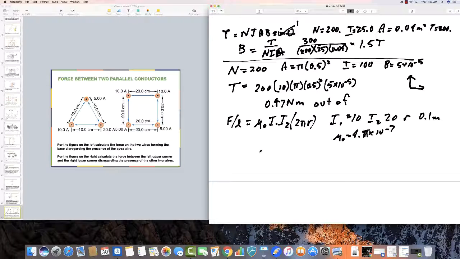So if we put this in here, we have 4 pi times 10 to the minus 7 times 10 times 20 divided by 2 pi times 0.1. And these pi's cancel each other out. If you do the math here, you get 4 times 10 to the minus 4 newtons, and because they're traveling in the same direction in this situation, they attract.